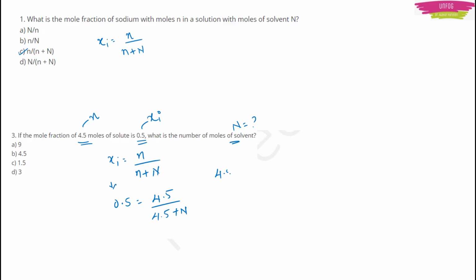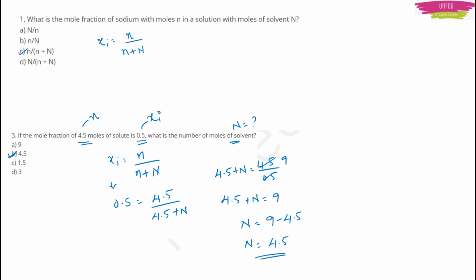So 4.5 plus N will be equal to 4.5 upon 0.5, which is 9, since 5 nines are 45. N will be equal to 9 minus 4.5, or N will be equal to 4.5. So option B will be the right answer. Here you have to read the question carefully and then decide what are the values given and what are the values you have to find.